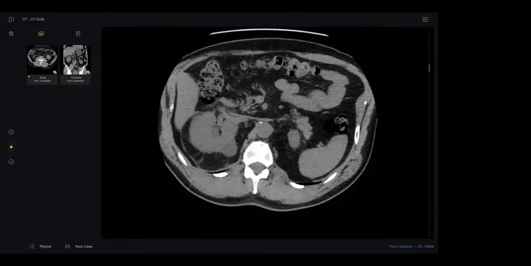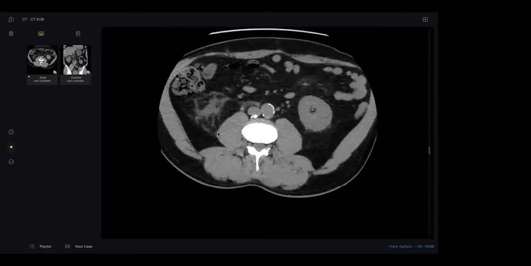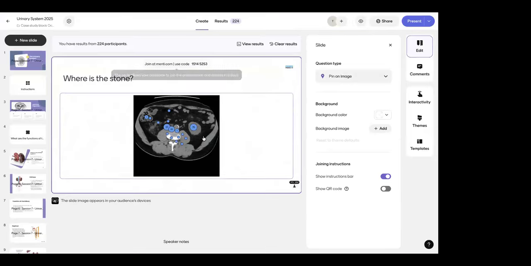Does that make sense? Because there's blockage. Whenever you're trying to find a stone, always look at which kidney looks enlarged, because that gives you a clue as to where the stone is.